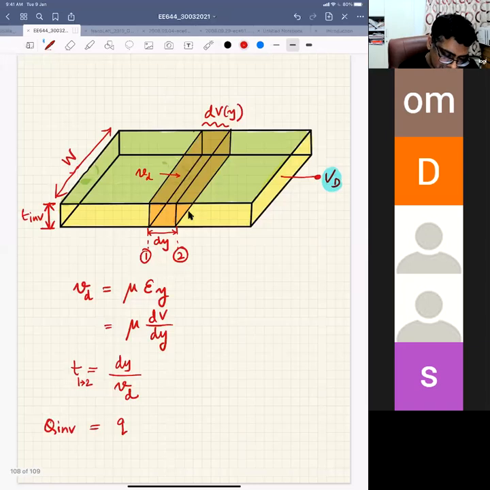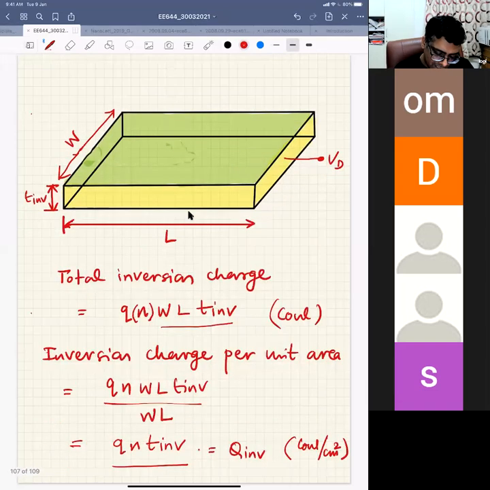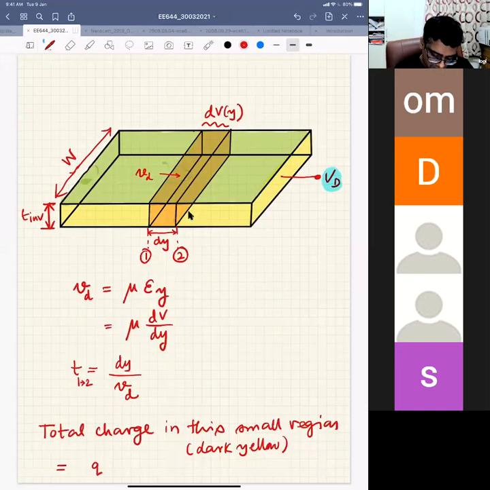So the total charge in this small region, this dark yellow part, I could write as the number of electrons Qn, times W, times dy, times T inversion.